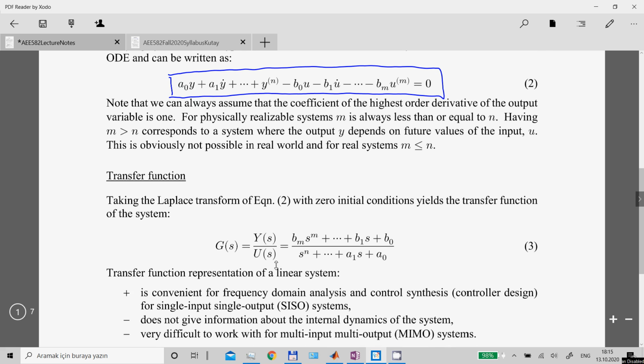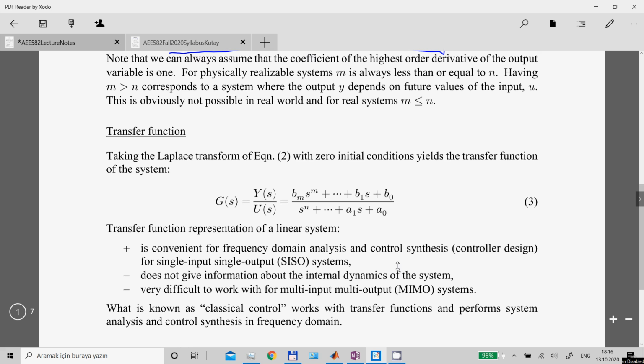Okay, and in classical control, we use this transfer function, and we have some nice theories that are applicable to transfer functions that represent single input, single output systems. So if your input is a scalar signal and output is a scalar signal, then you have this single transfer function for the system, and you can design controllers using the frequency domain techniques.